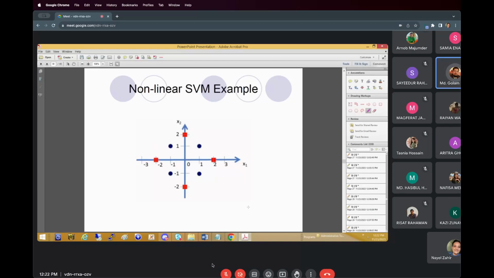Now the next thing is our nonlinear problem. If we have a nonlinear problem, that means it is not linearly separable.